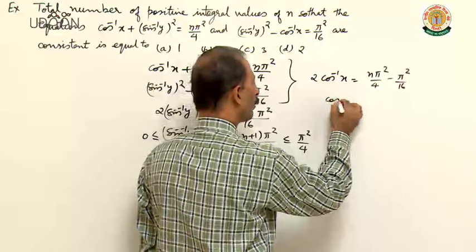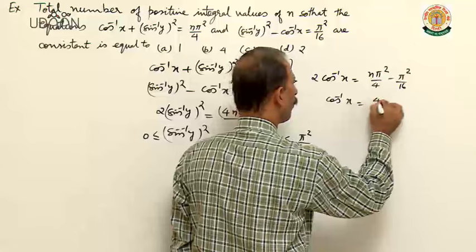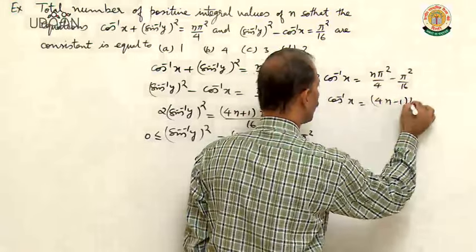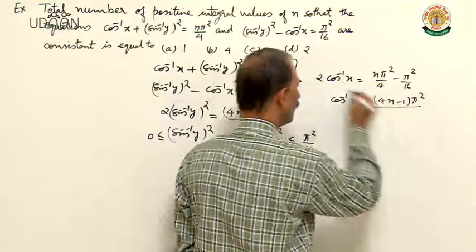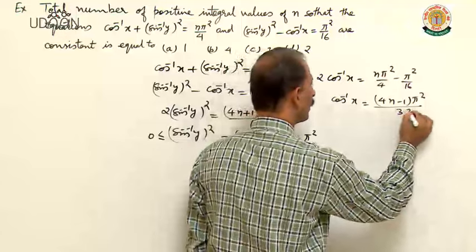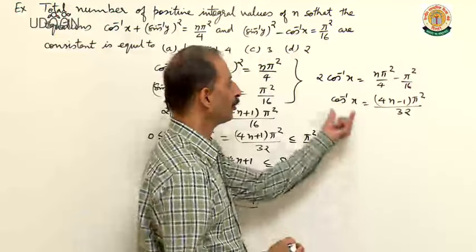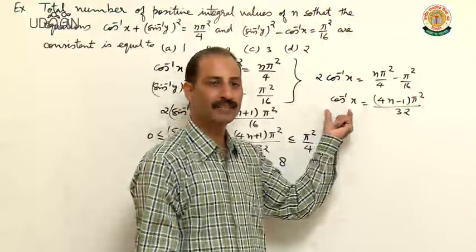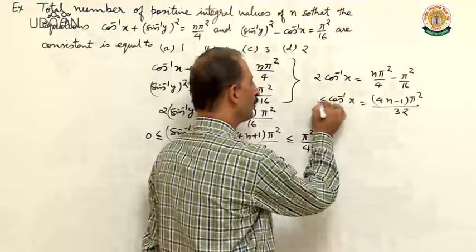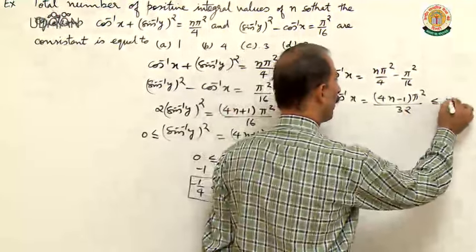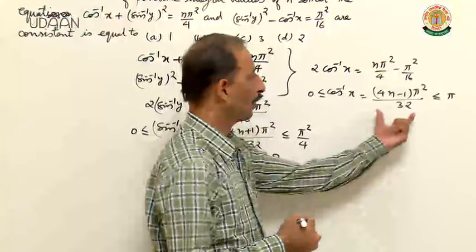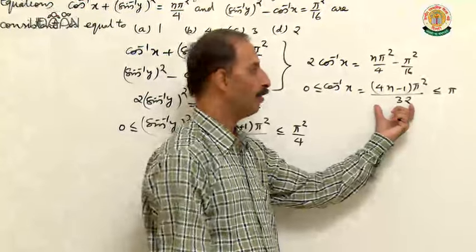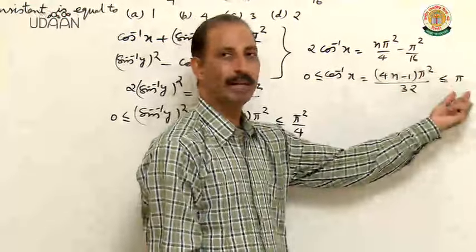So the value of cos inverse x you will get is (4n minus 1) pi square upon 16, and to transfer this side, it becomes 32. Now children, you know the range of cos inverse x. This value lies between 0 and pi. So the range of this value will be 0 to pi.